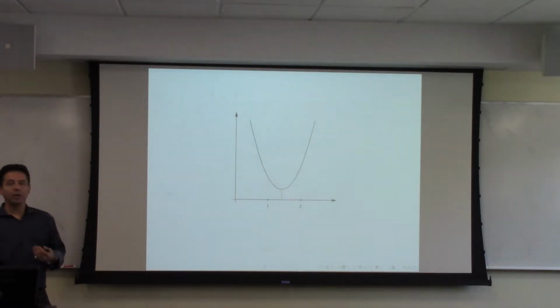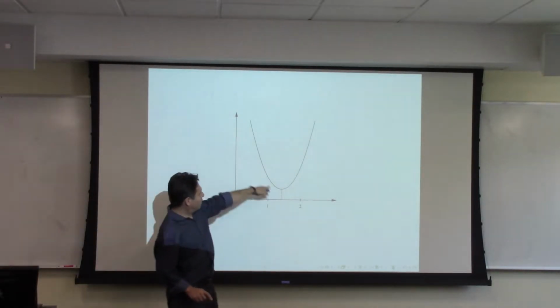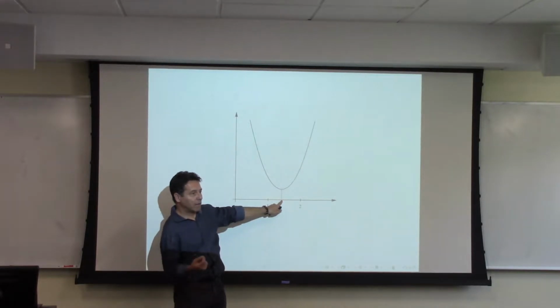Now, what do we do to resolve this issue? We're going to go to the epigraph. So this is your function we're trying to minimize. That is your optimal solution to the convex relaxation. It is not a boundary point.